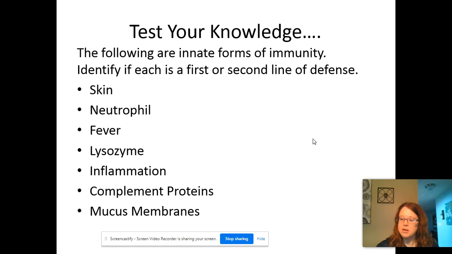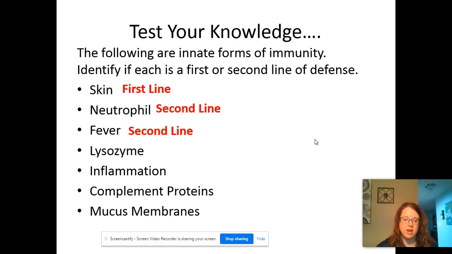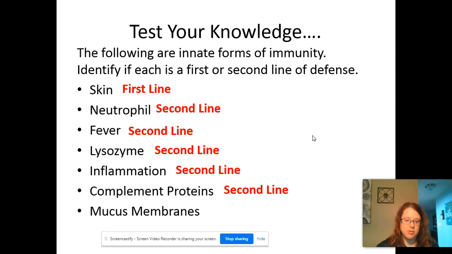So skin, what do you think it is? It's first line. Neutrophil, that is second line. Fever, second line. Lysozyme, second line. Inflammation, second line of defense. Complement, those are second line. And mucous membrane, that would also be first line.